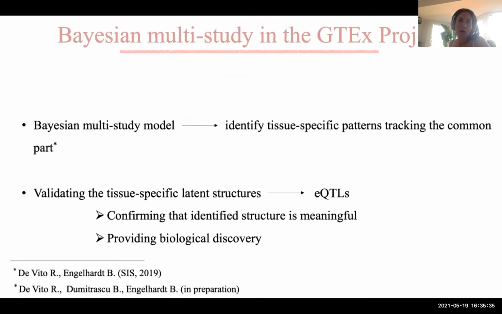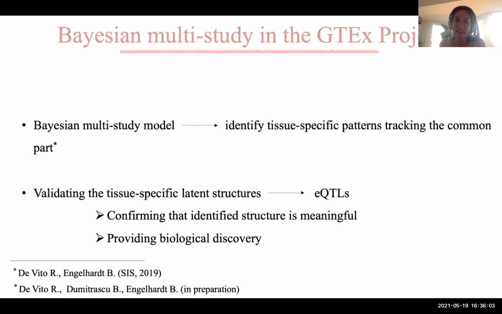So we are proceeding in 2 different steps. We will apply the Bayesian multi-study factor analysis to identify this tissue-specific pattern. But in this case, we want to identify the tissue-specific pattern, and we want to remove the common component that can sometimes have an impact and prevent us from fully identifying this tissue heterogeneity.